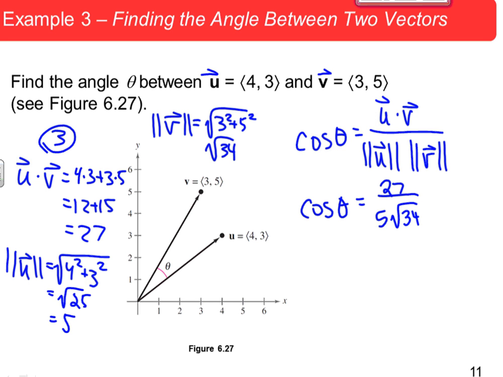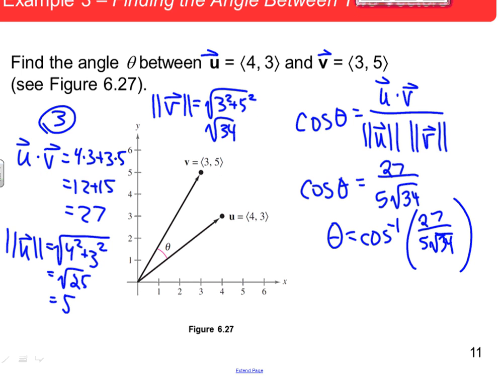Now, do I have to rationalize that denominator? Not necessarily, because I just want to find theta. So theta is the inverse cosine of 27 over 5 times the square root of 34. Because I'm just using that to manipulate my stuff, I'm good to go.